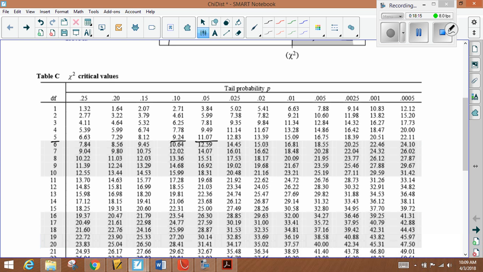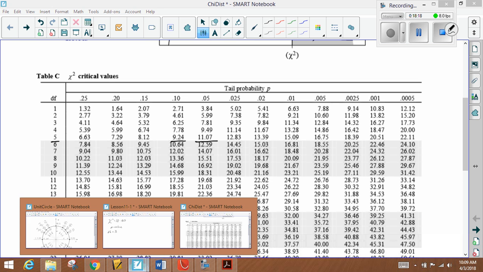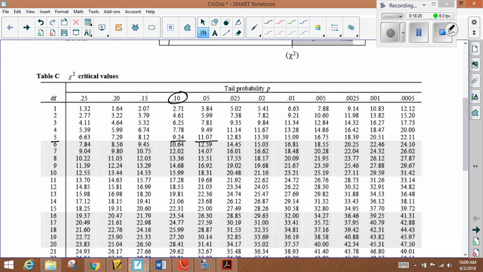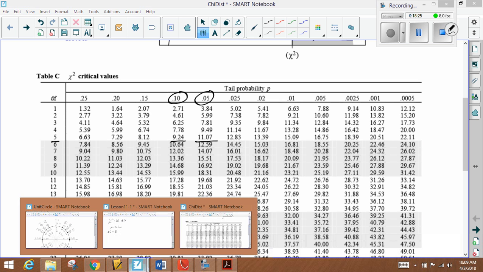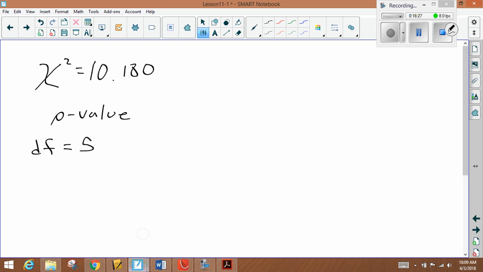So then we can say that our p-value is somewhere between 0.1 and 0.05. And we're going to do these in the calculator and we'll actually get an exact p-value. So that's how you find it using the table. Sorry, it's a much better example than what the book came up with. All right.